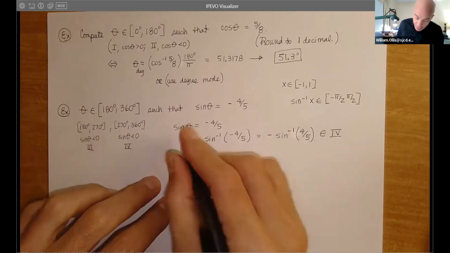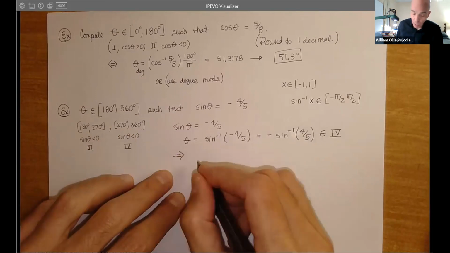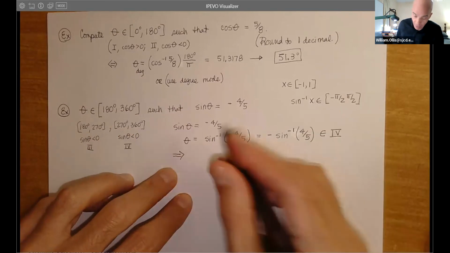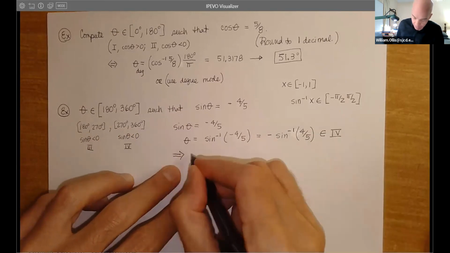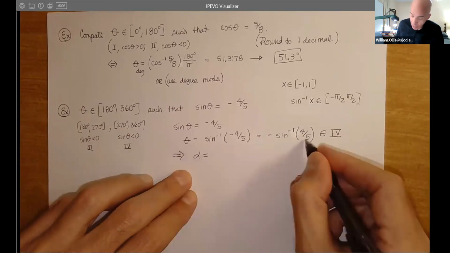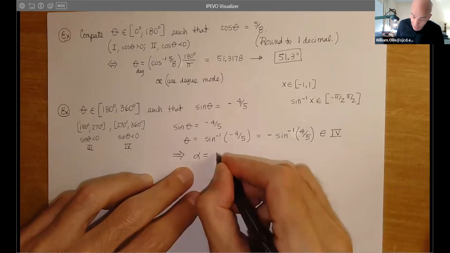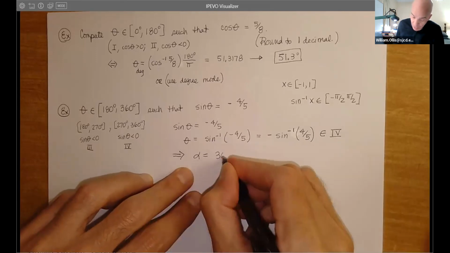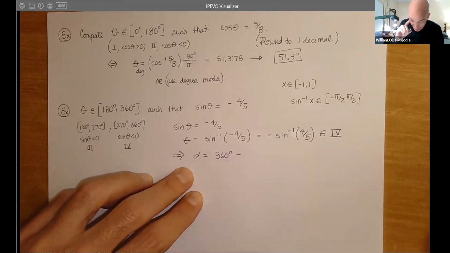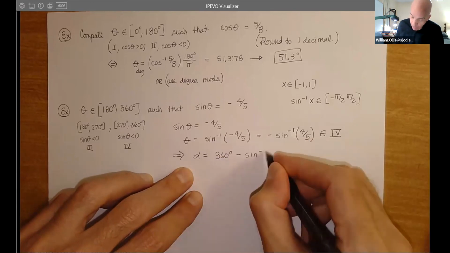So this implies our particular value, we can just call it alpha if you want. Alpha will be this here, and we'll go ahead and assume degree mode. This will be 360 degrees added to this minus inverse sine of 4/5.